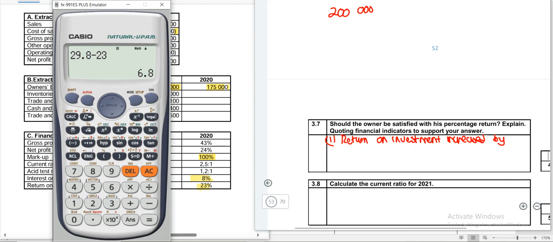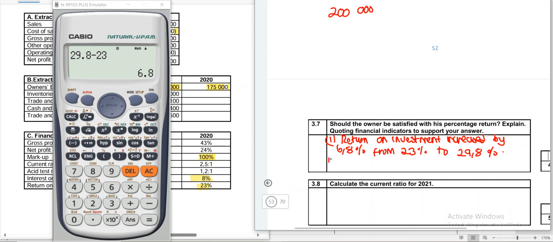So it increased by 6.8%. We can say from 23% to 29.8%. I just don't have space to be writing that from 23% in 2022, 29.8% in 2021. But that's how you can actually write it.